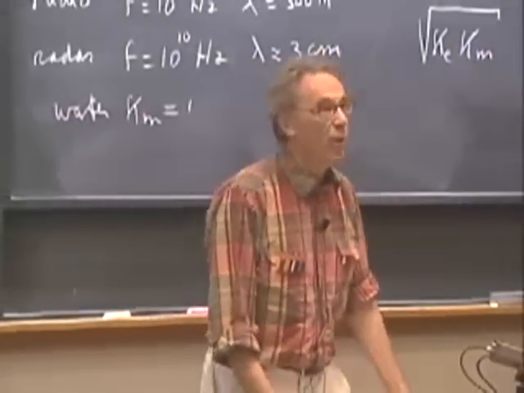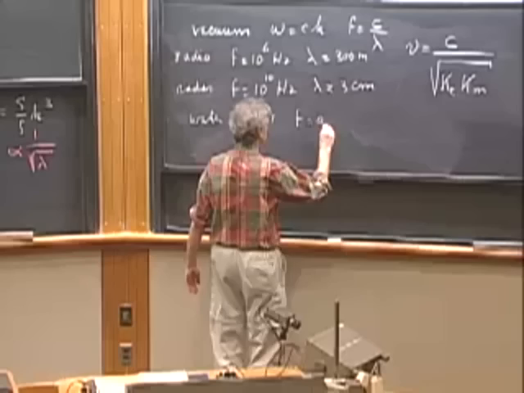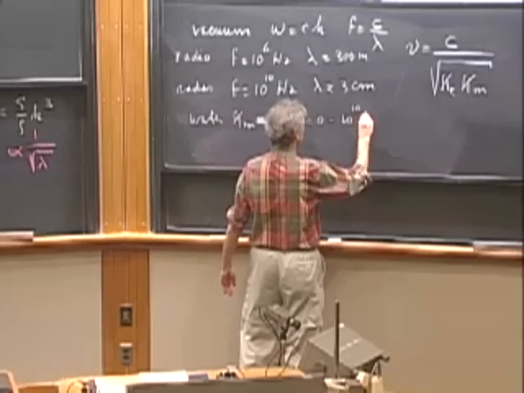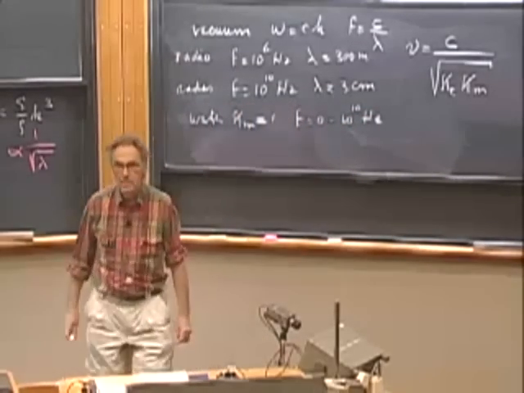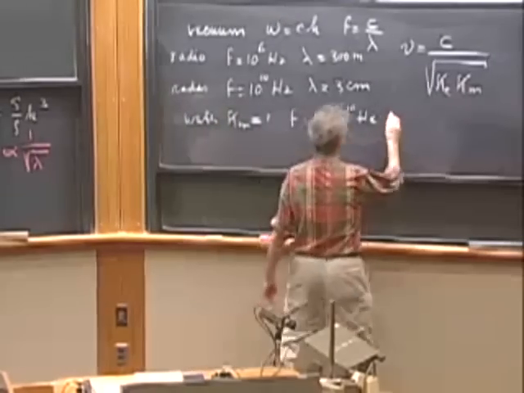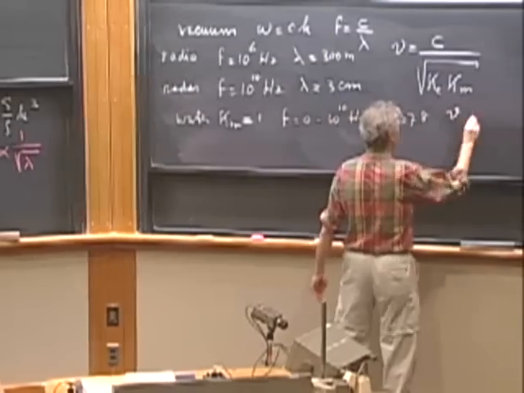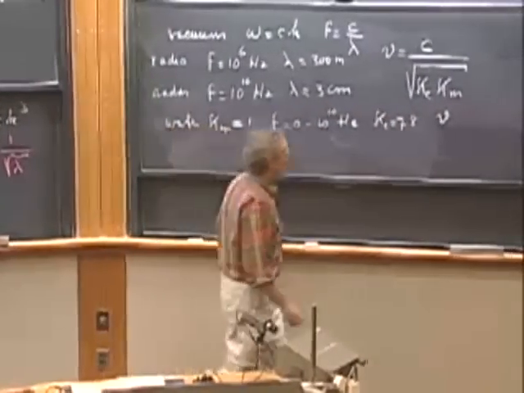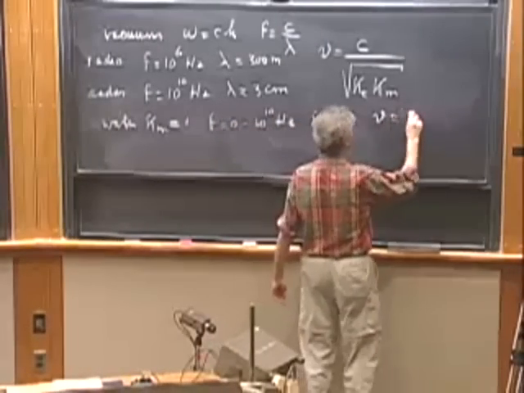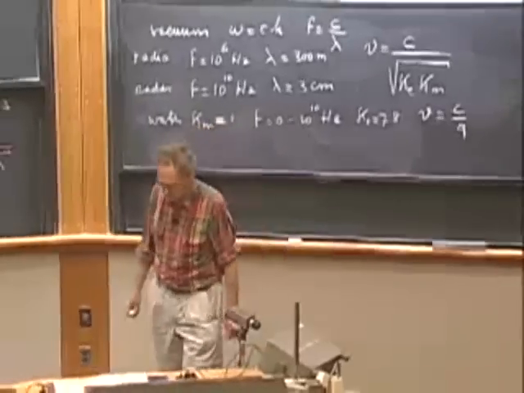It's huge for water. If you look in the frequency range, f is about 0 to 10 to the 10 hertz. So that is our 10 gigahertz. That is radar. Kappa E is about 78. So that means the speed of radar in water is 1/9 roughly of c. So it's only 10% roughly. It's 10 times slower.